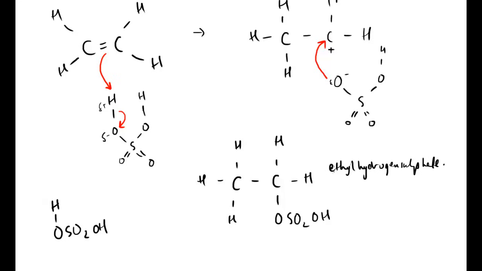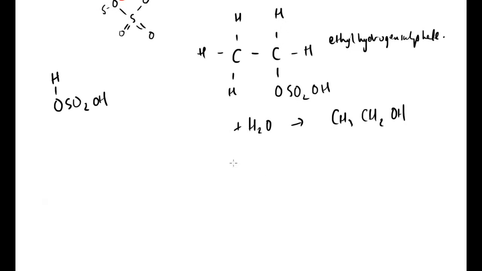What we can do, and this actually comes up in the alcohols topic as well, in the idea of hydrating an alkene into an alcohol: if we were to add water now, so if we add H2O, we would produce, in this case, CH3CH2OH. We produce ethanol, and actually this would reform the sulfuric acid.